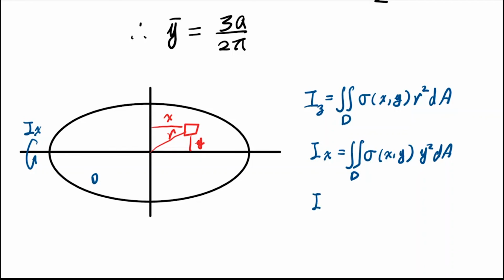Suppose we want to rotate this about the y-axis. So this is the direction, right? This is what we call I of y. Then this x is the rotational radius now, isn't it? So in that case, we have to put x squared here.